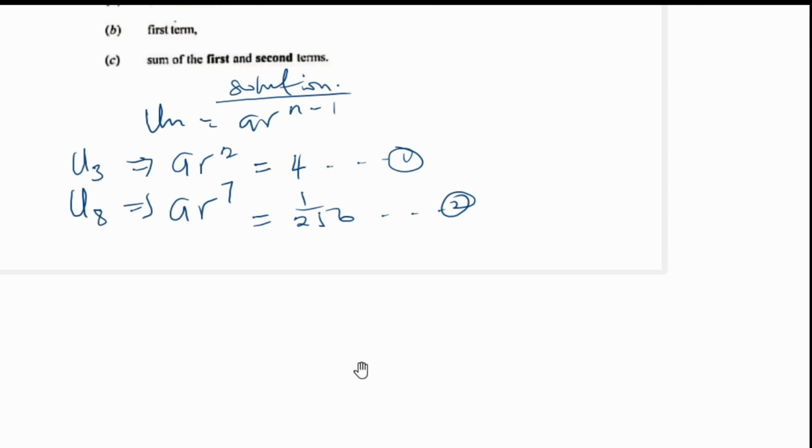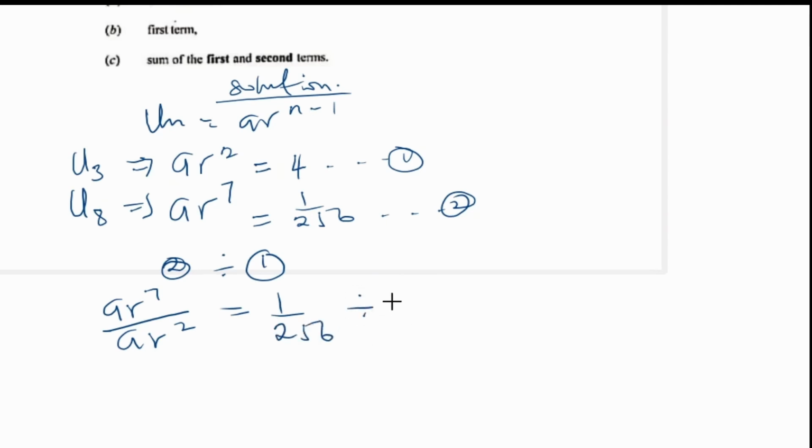So we'll do equation 2 divided by equation 1, and that is a r^7 divided by a r^2, which is equal to 1 over 256 divided by 4 over 1, because every whole number is over 1.